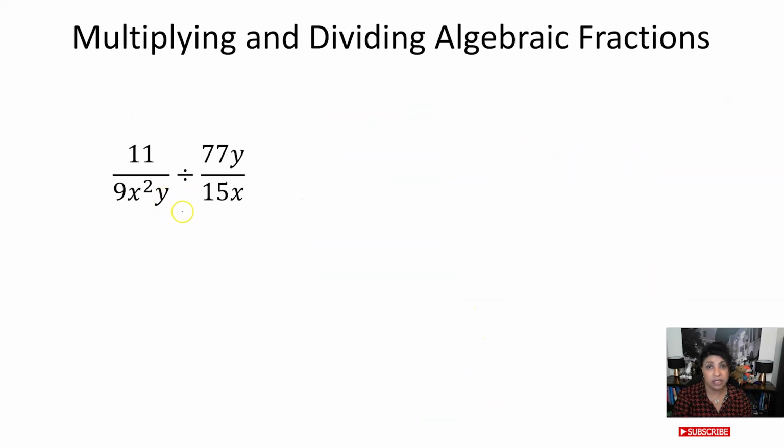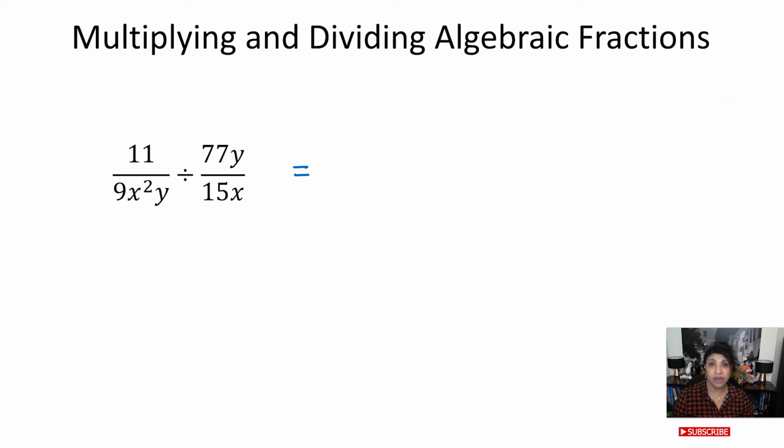So we're now going to simplify algebraic fractions when you divide. So I've got 11 over 9x squared y divided by 77y over 15x. So what do you normally do when you divide fractions? Keep, change, and flip.